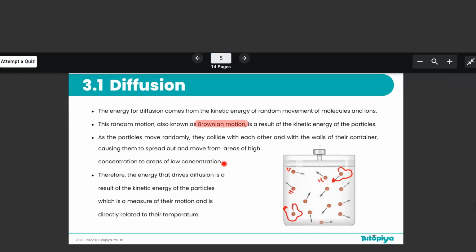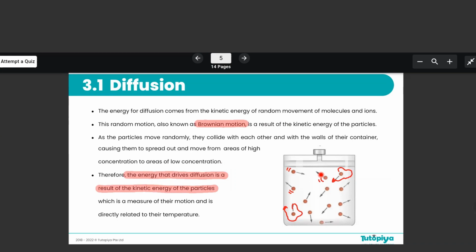So this is very important. The energy that drives diffusion is a result of the kinetic energy of the particles. So diffusion is driven by the kinetic energy of the particles. This kinetic energy, which gives rise to their random motion, that same kinetic energy is what drives diffusion as well, right?